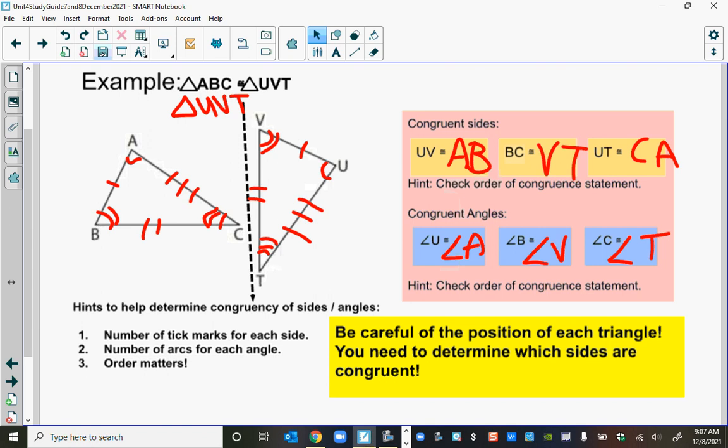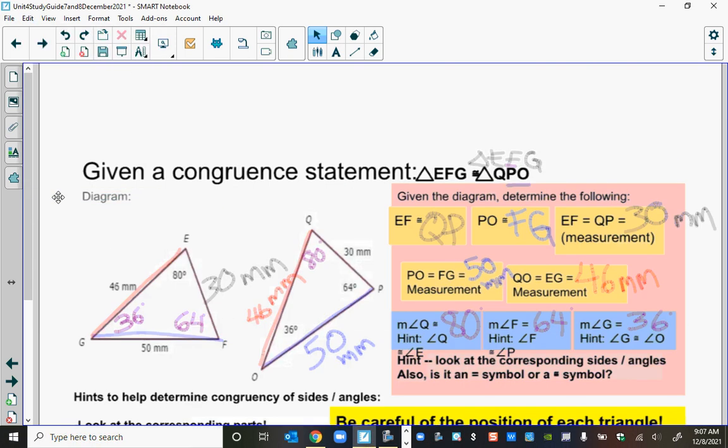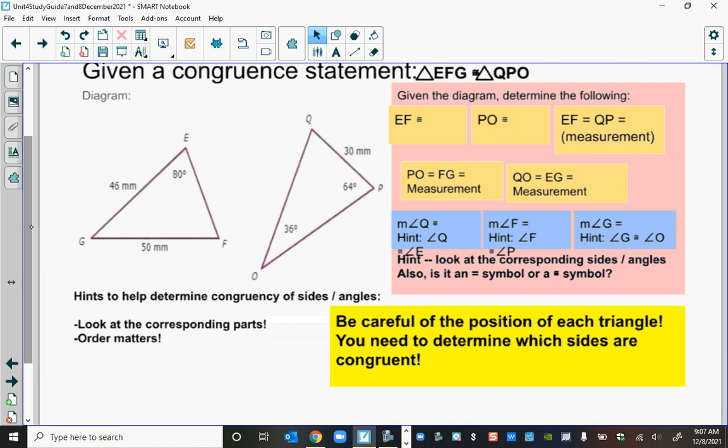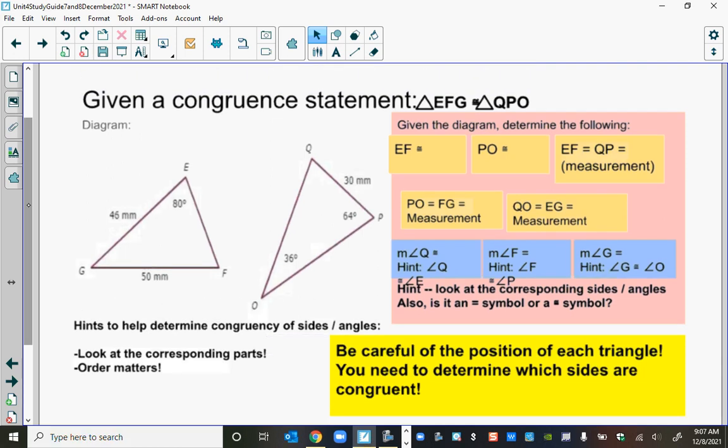Next two problems are going to be the same idea. Triangle congruence is going to help us match our triangles. Again, this one was a little messy, but we'll go through it together.